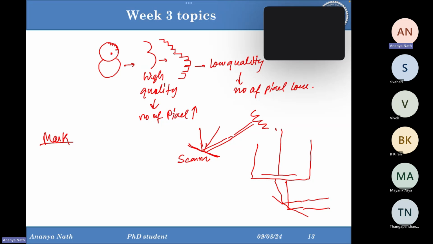Now in a galvo scanner, there are small mirrors present. You can see in the lecture, the professor is showing one galvo scanner, where you can imagine how it looks. So there will be small mirrors in the galvo scanner.